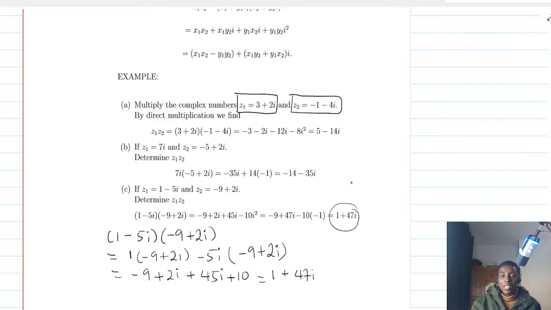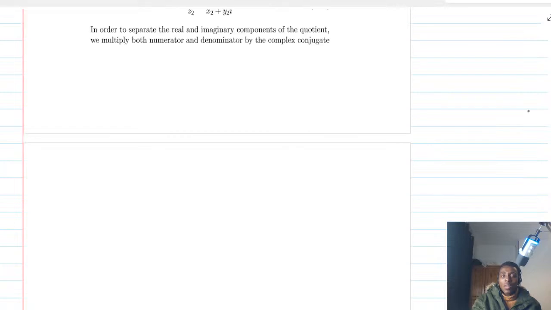So enough of this. Let's do the complex conjugate.